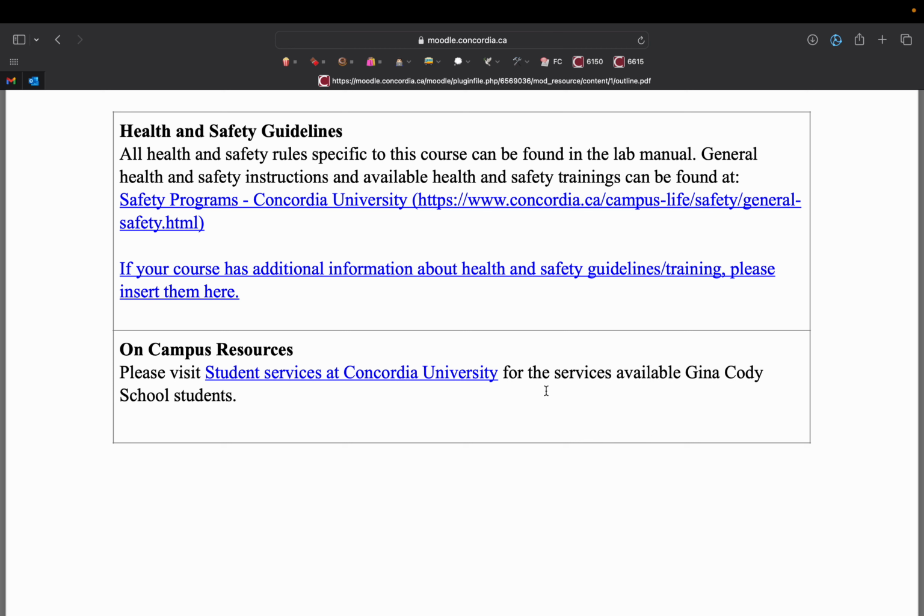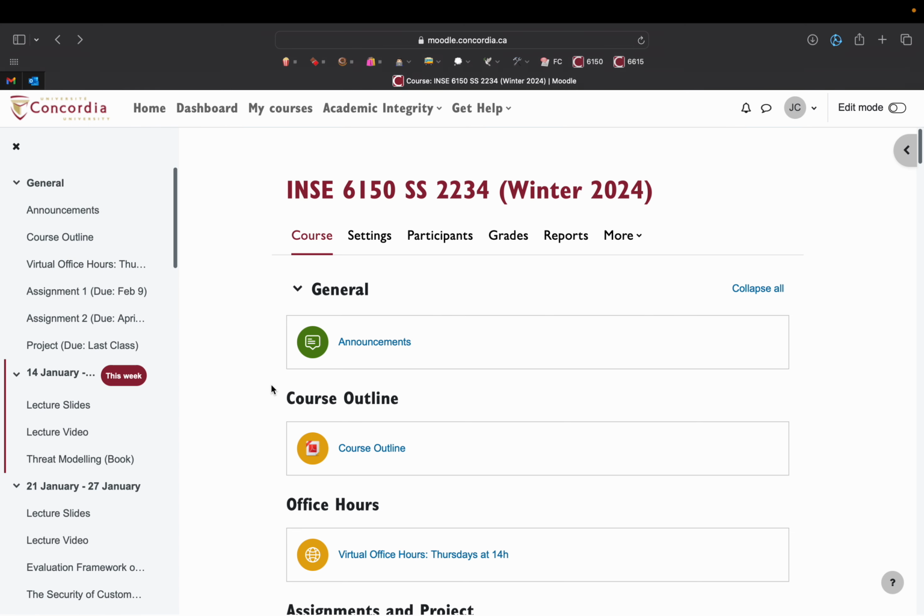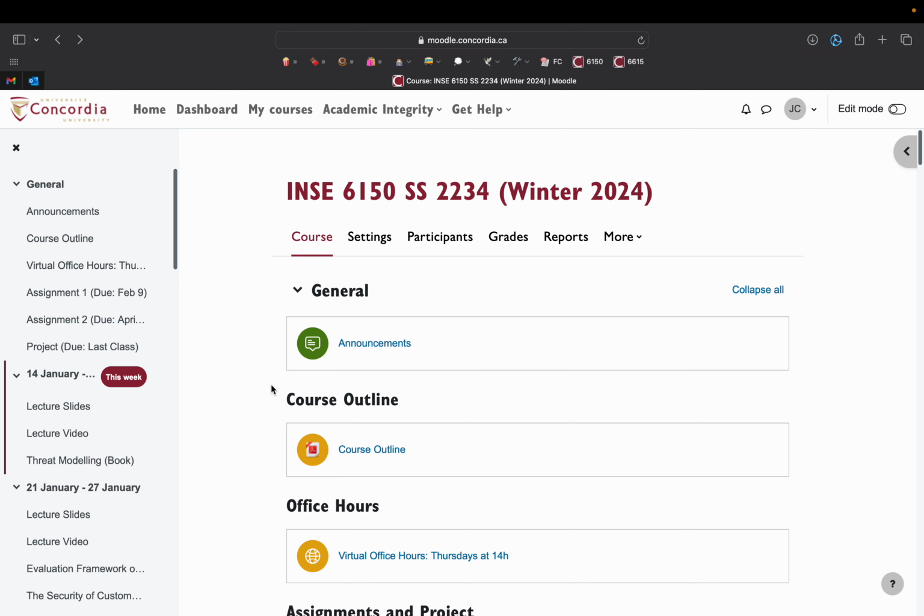Sometimes students might have extra time on exams, or be able to write with headphones, or there are different accommodations. So make use of that, but you do have to register. You can't just show up to the exam and ask for an accommodation. It has to go through the office.